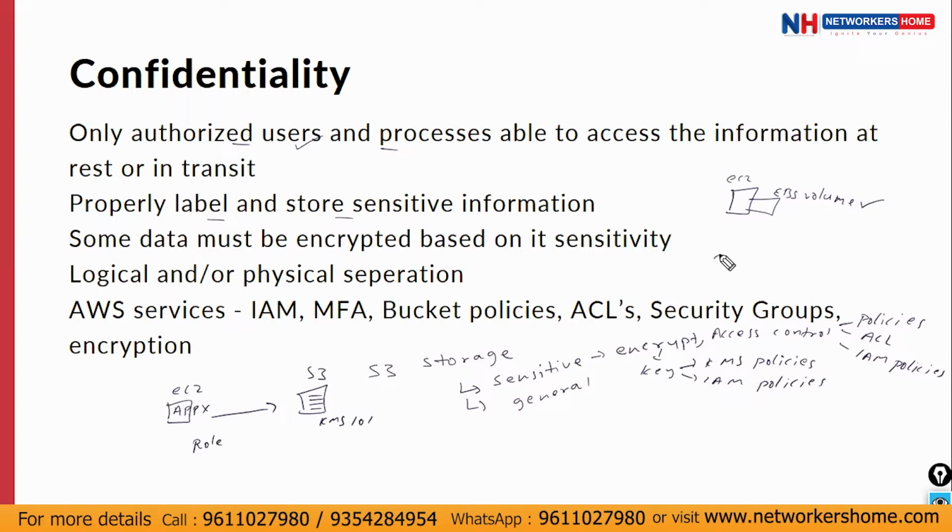One way: let's say you have a user account, say admin, who manages this EC2 instance and EBS volume. For that user, you can grant access to the key. Say you created KMS key 101, and you grant permission to this user. That means whatever instance this user launches and whatever EBS volume he configures, he can enable encryption on that EBS volume. Understood? So some data must be encrypted based on sensitivity.